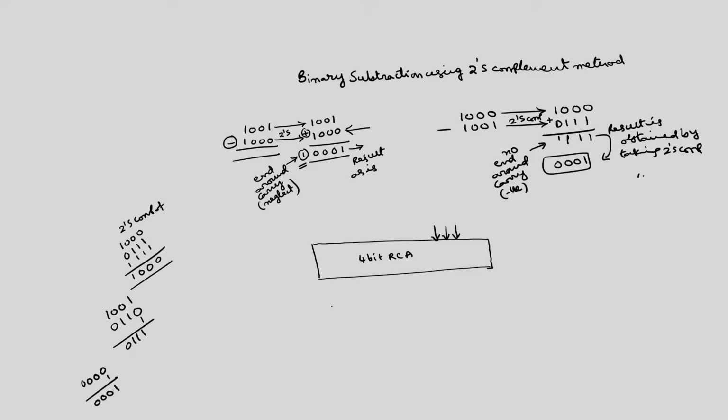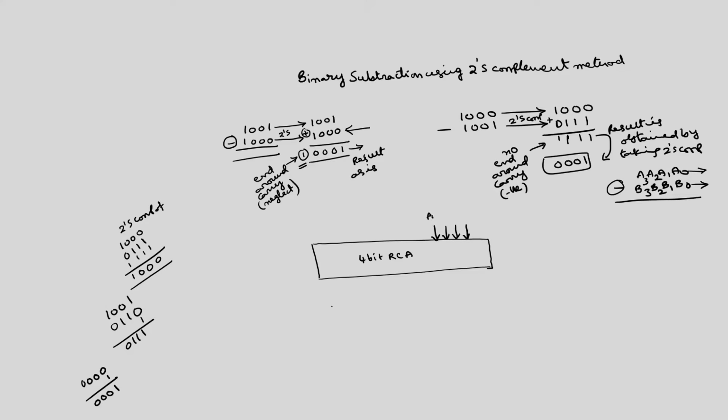In general, I want to perform A3 A2 A1 A0 minus B3 B2 B1 B0. To implement this using addition, I will take A as it is, take the 2's complement of B, and perform the addition.